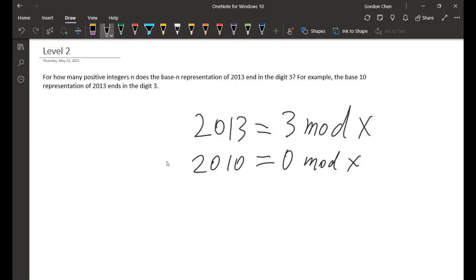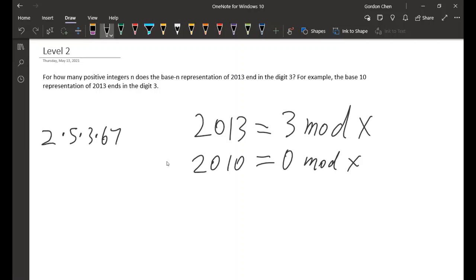And so from here, we know that 2010 is a multiple of x, because when something is 0 mod x, that means the number is divisible by x. So we take the factors of 2010, which is 2 times 5 times 3 times 67.